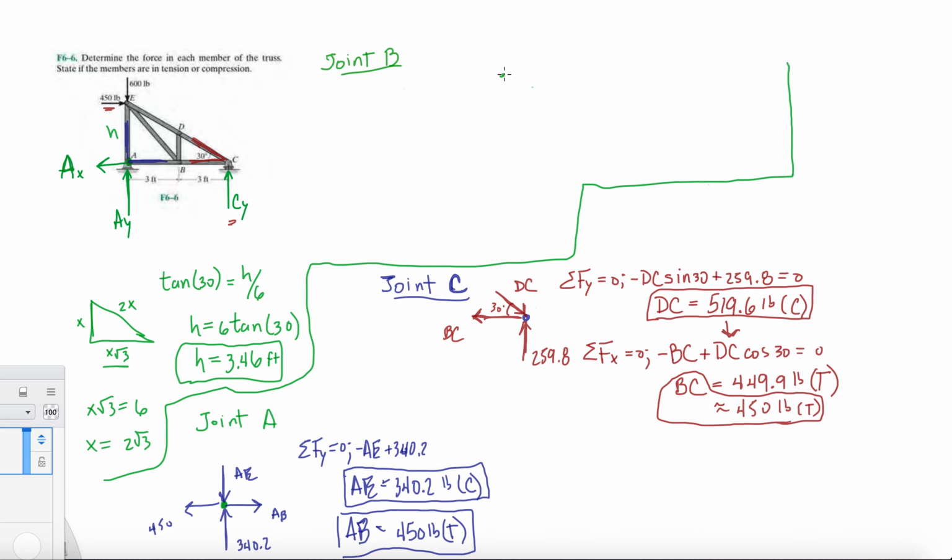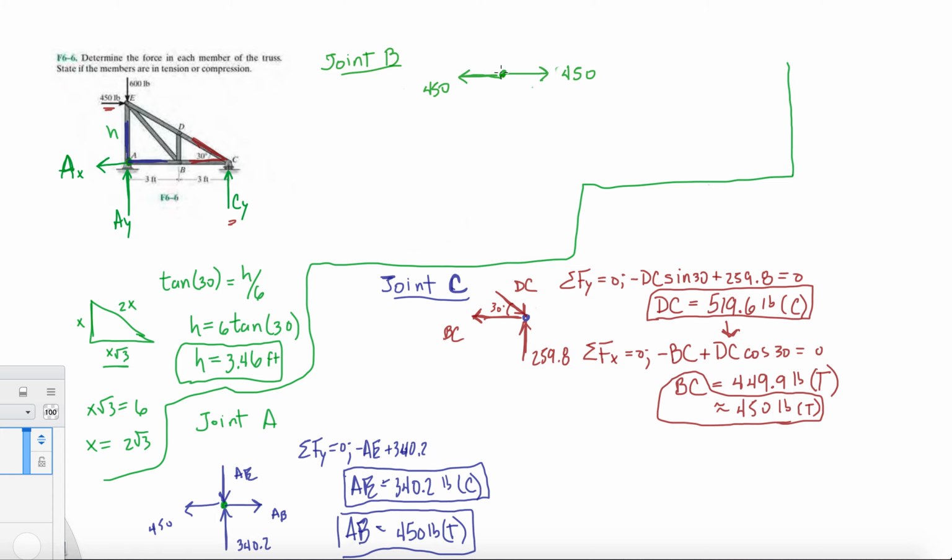It's tension force, right? So we're gonna draw BC in tension. AB, we already found AB, which was 450 in tension. So let's just put the force here, 450. Okay. What else do we have?